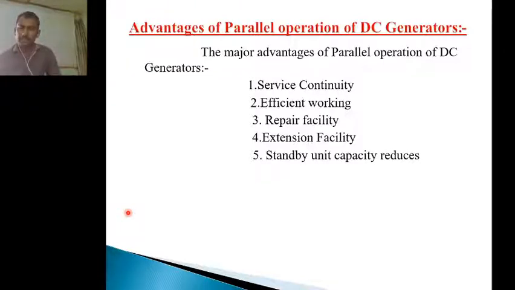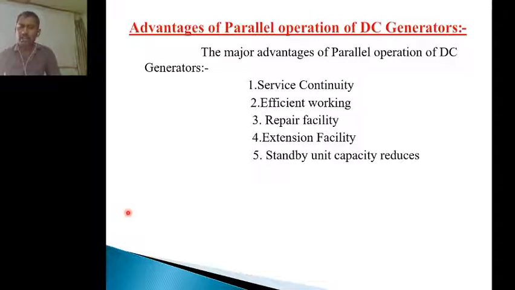That means one DC shunt generator and one DC series generator are not connected in parallel for any operation. For any operation, we have to connect the same type of generators. If you want to connect DC shunt generators, the second generator must also be a DC shunt generator. Similarly, if you want to connect a DC series generator in parallel, then the second generator must be a DC series generator, like that.